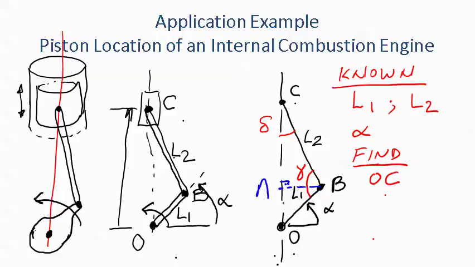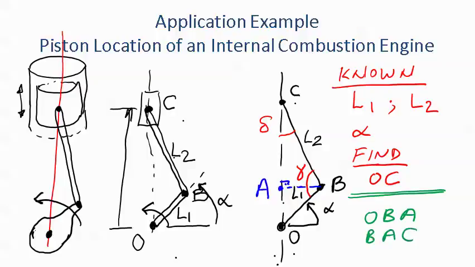Let's call the point of intersection of this perpendicular with line OC, A. When we draw this perpendicular, we recognize that we have two right angle triangles, OBA and BAC.